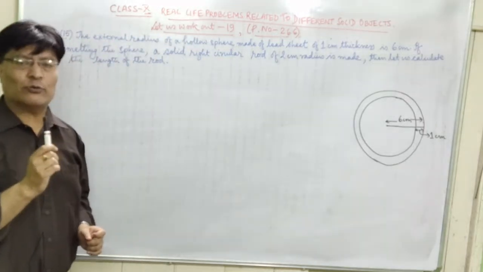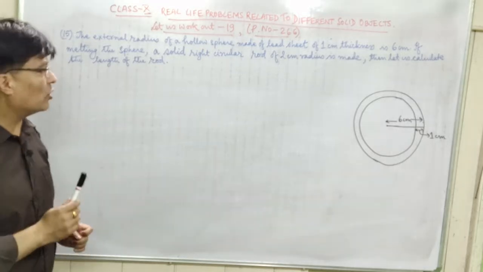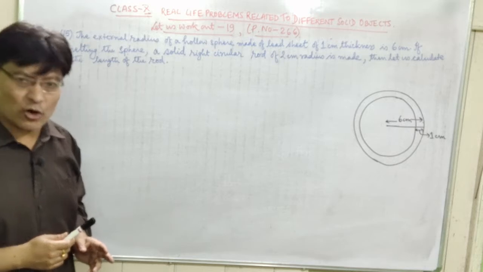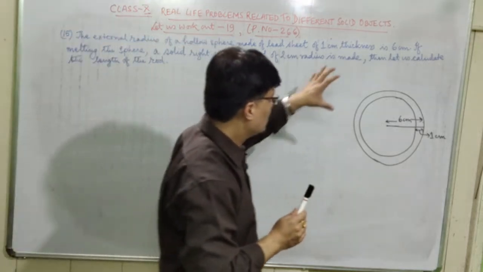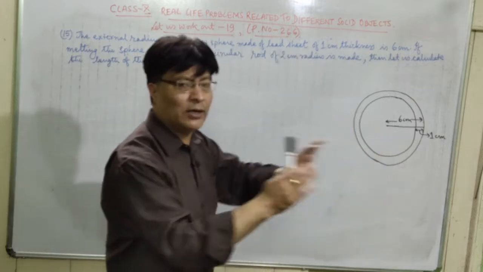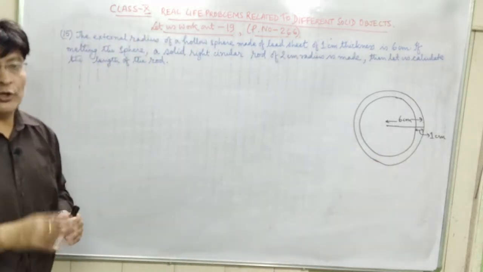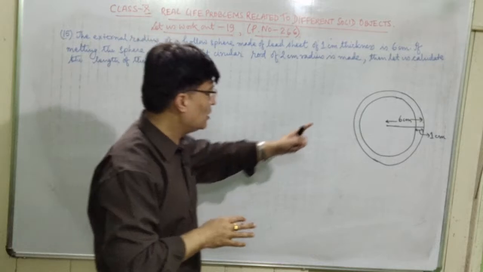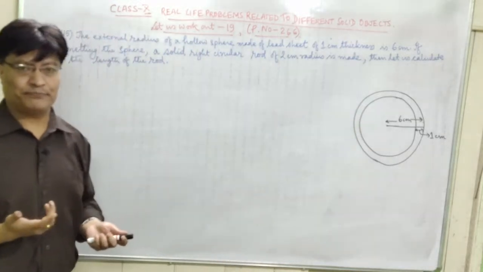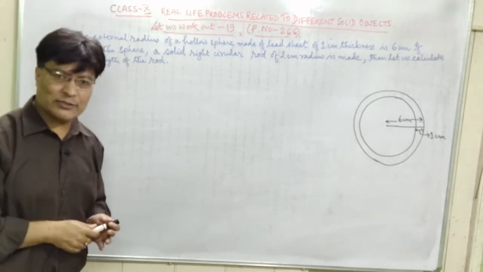So you have to calculate the length of the rod or the height of the rod. That means यही hollow sphere लाई गलाएर नै राइट सर्कुलर रड बनायो. त त्यो राइट सर्कुलर रड को भोल्युम र यो भोल्युम अफ द hollow sphere के हुनुपर्छ? सेम हुनु पर्यो. Is that clear to all of you?